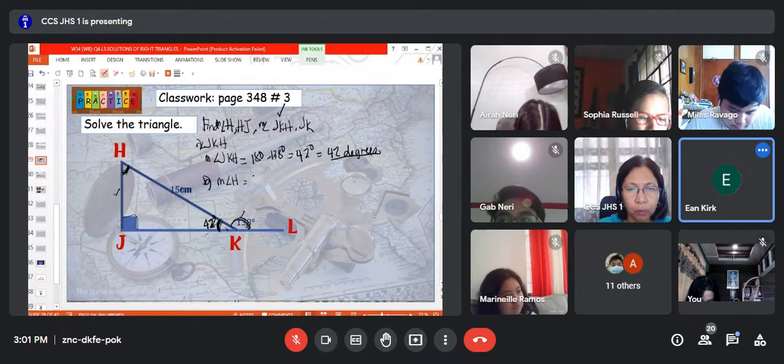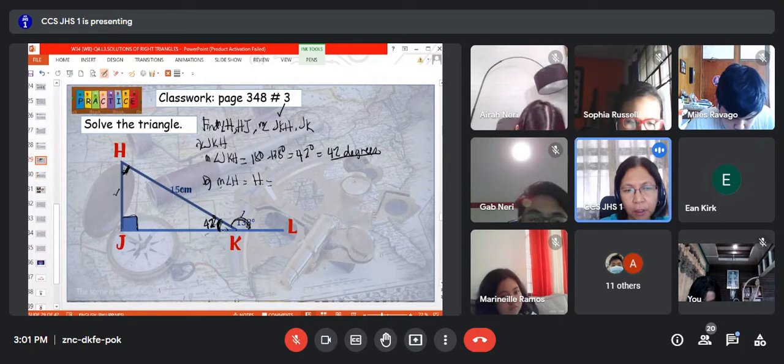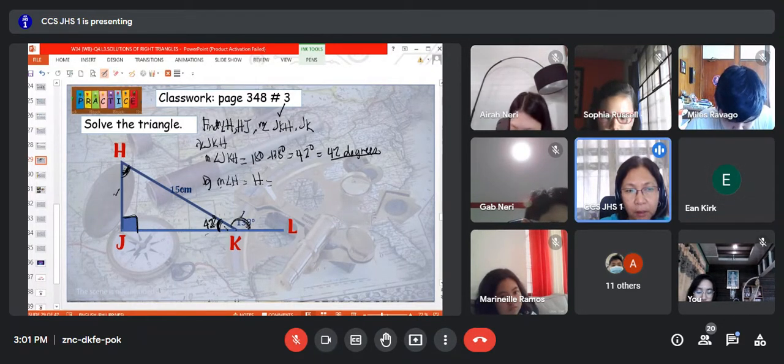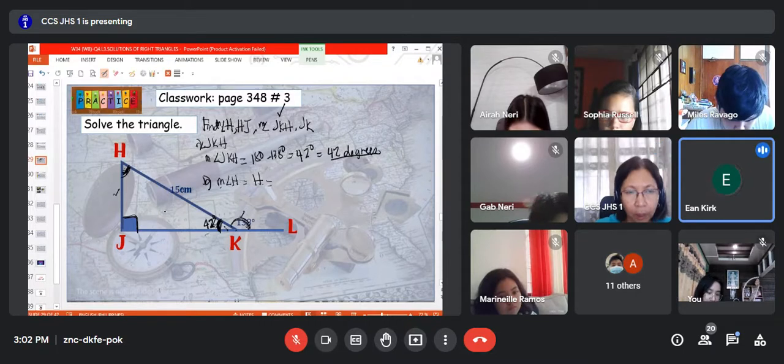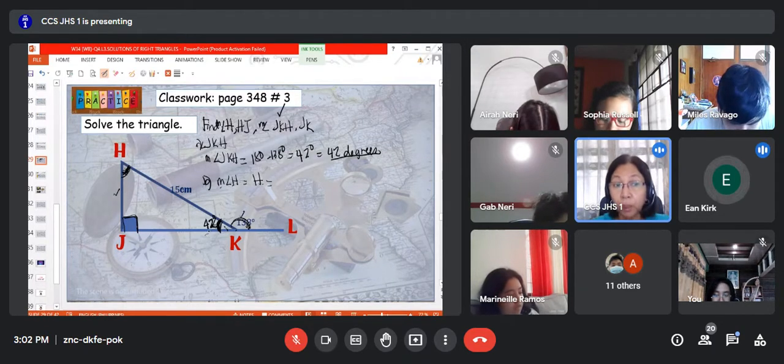You can also write H, class, for the measurement of angle H. So the remaining two angles are 90. How much is angle H if this is 42 here? Angle H and angle GKH add up to 90. 132?